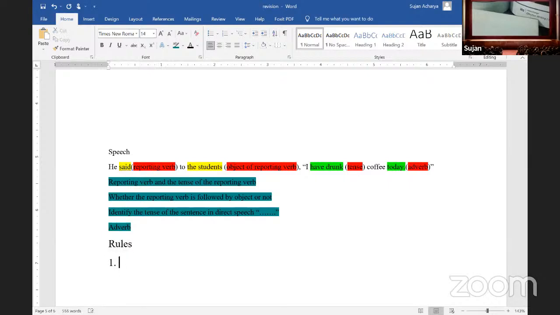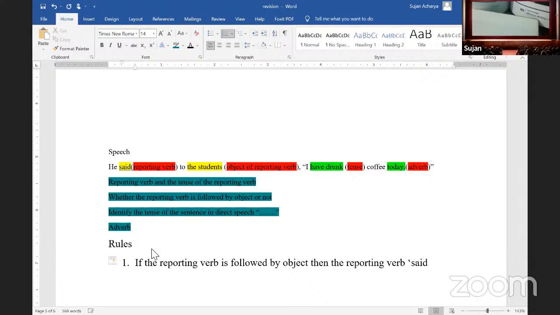Number 1. If the tense of the reporting verb is in the past, then if the reporting verb is followed by an object, then the reporting verb, कुन reporting verb, said, changes into told.